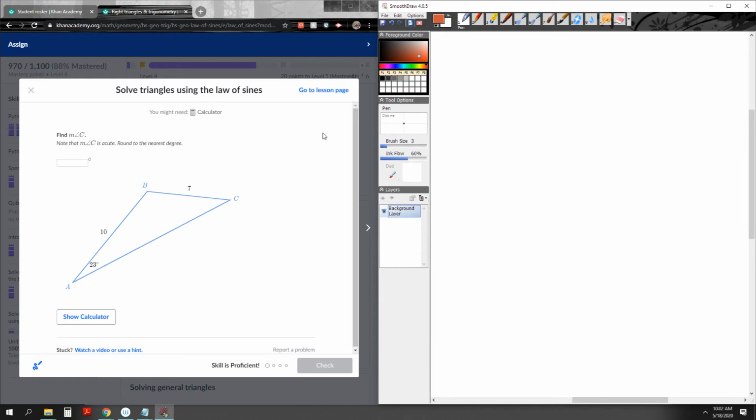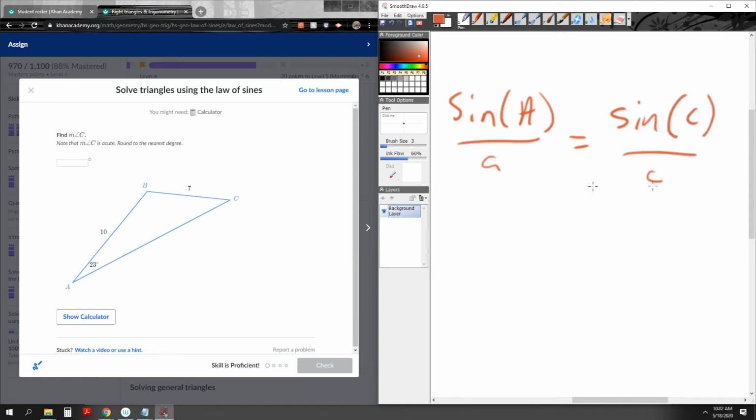Alright, so we know the sine of an angle divided by the side across from it equals the sine of any other angle of that triangle divided by the side across from it.